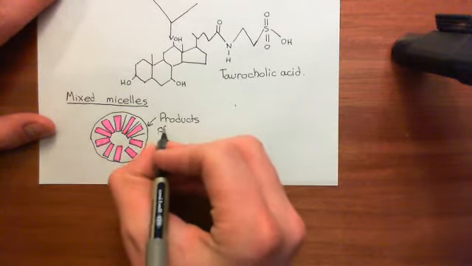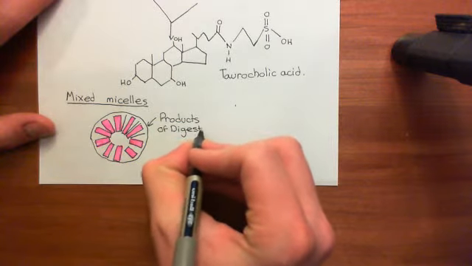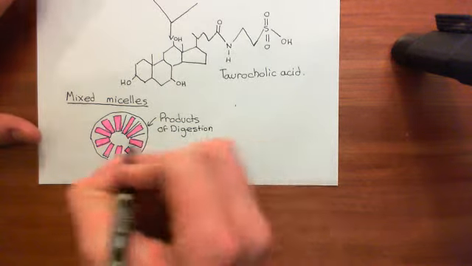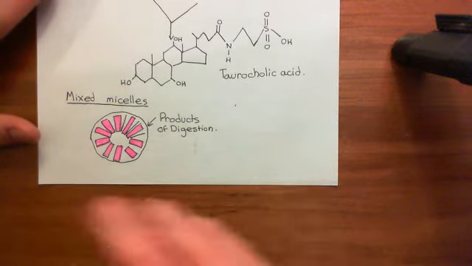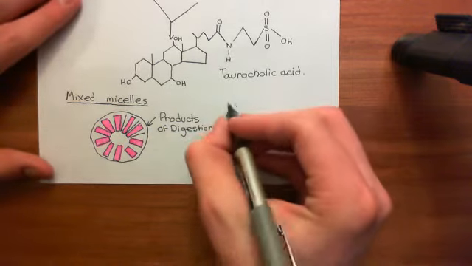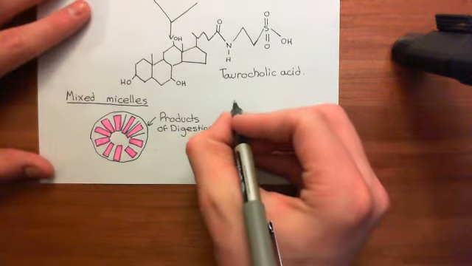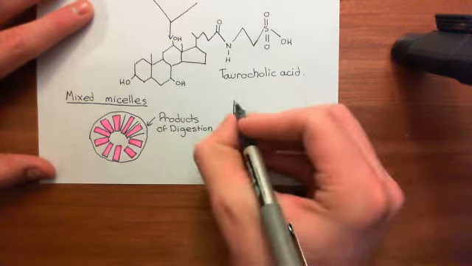So the products of digestion have mixed into the mixed micelle, and now this micelle is going to take its products of digestion to an enterocyte which is on the surface of the small intestinal wall. Okay, so let me show you the structure of an enterocyte. Okay, so here is an enterocyte.